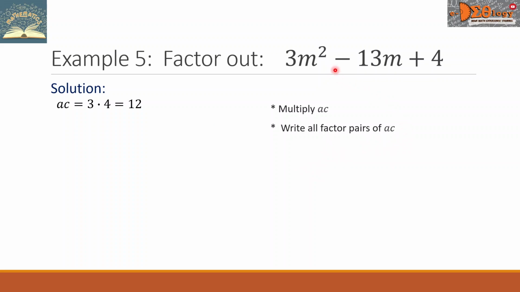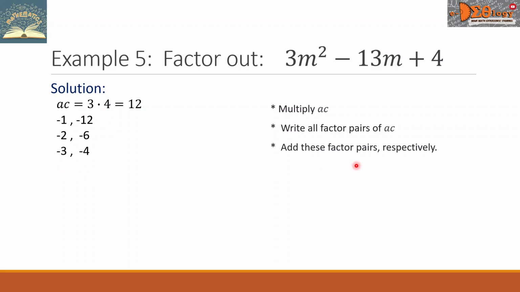But we will consider the sign of the middle term. We have here negative 13m. Take note that this is negative. Therefore, the factor pairs of AC or this 12 must all be negative. So we have negative 1 by negative 12, negative 2 by negative 6, negative 3 by negative 4.